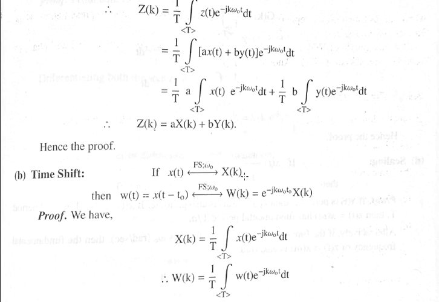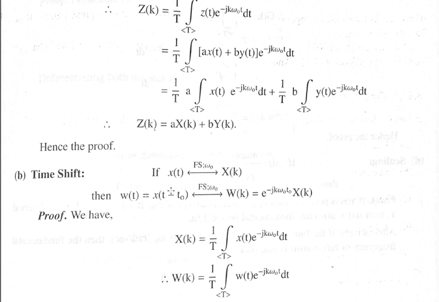So x of t and x of k are Fourier and time domain pairs, with omega naught as the fundamental frequency. Let w of t be the time shifted signal, where x of t is shifted by t naught units, so x of t minus t naught.